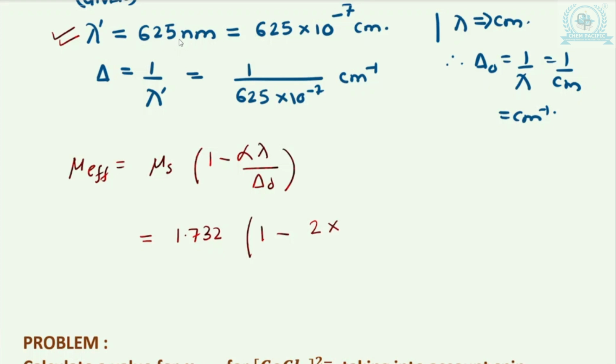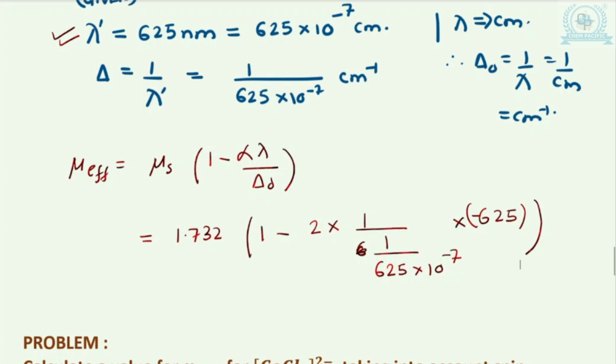Then you have the delta 0 value, which is 1 by 625 into 10 to the power minus 7 into, now you have the value of spin orbit coupling that they have given you, 625 minus. So I have not done anything here, I have just put in all the data given.